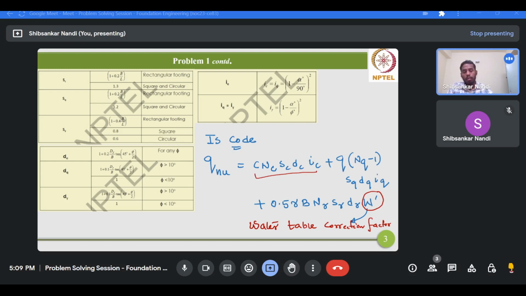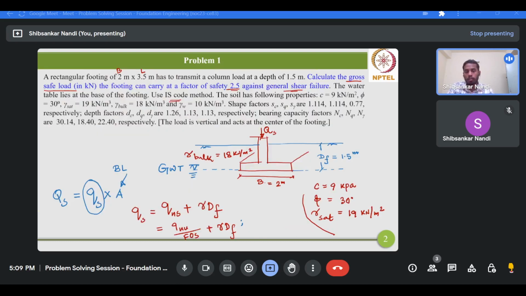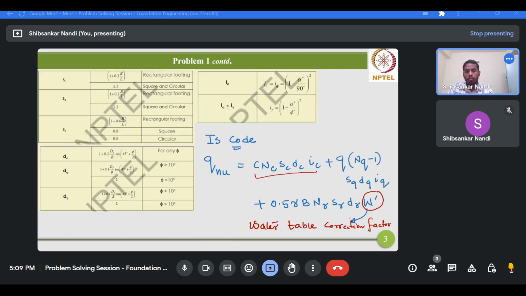As you know, when there is a water table in the influence zone of the footing, you have to accordingly correct the bearing capacity by different recommendations which are available in the literature. Here this correction factor will be used in correspondence with the IS code recommendation, which we will see.